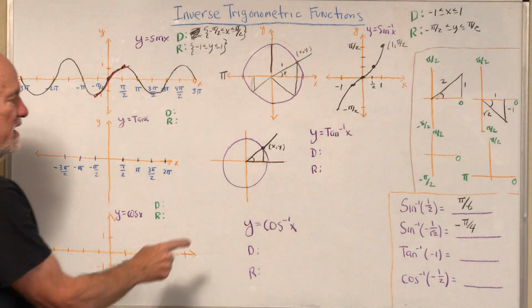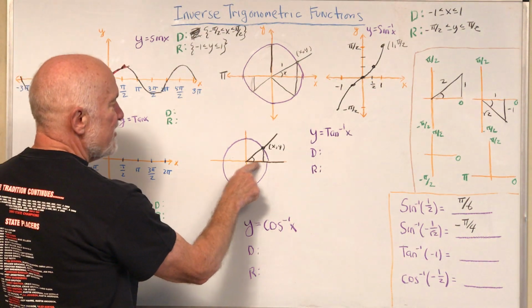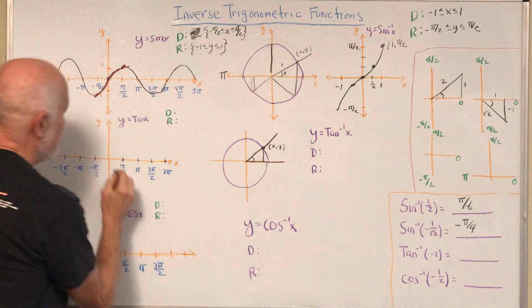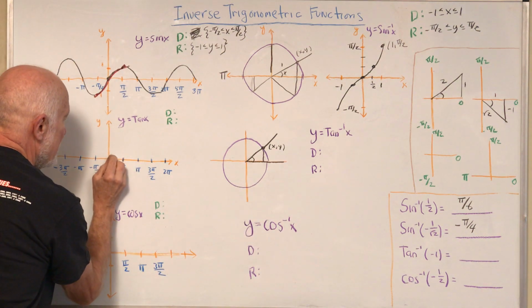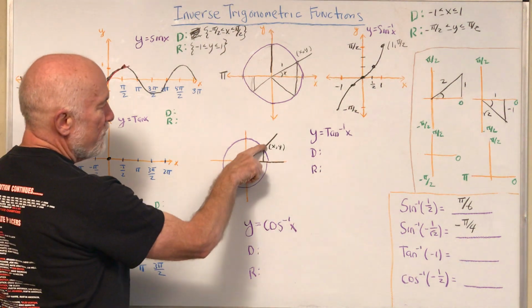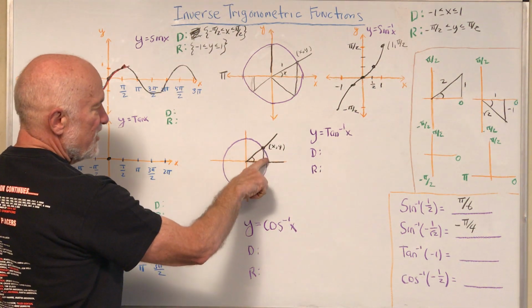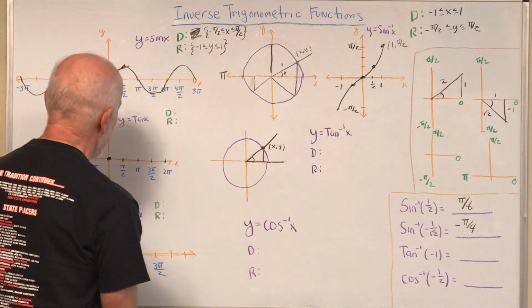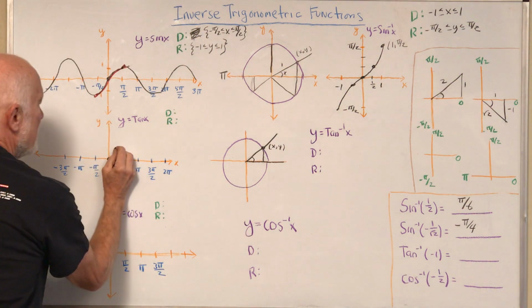You can see when the angle is 0, the y value is 0, so the tangent would be 0. When you get to pi over 4, or 45 degrees, this side would be the same as this side, so your ratio would be 1.